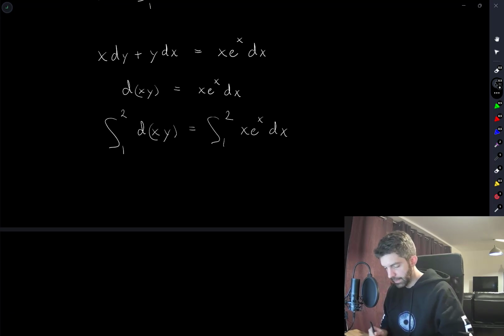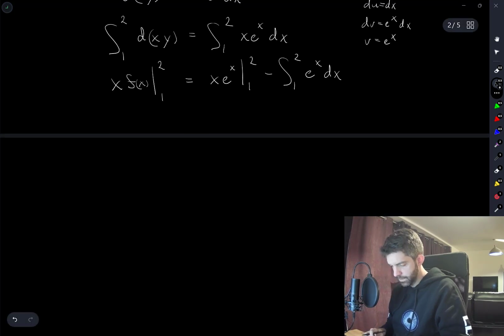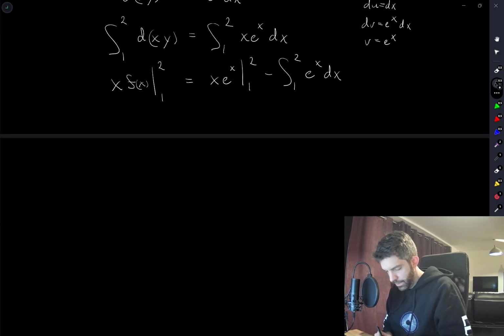So the left-hand side is x f of x evaluated at the endpoints 1 and 2. On the right-hand side, we may have to do an integration by parts. Okay. So here I have 2 times f of 2 minus 1 times f of 1 on the left.